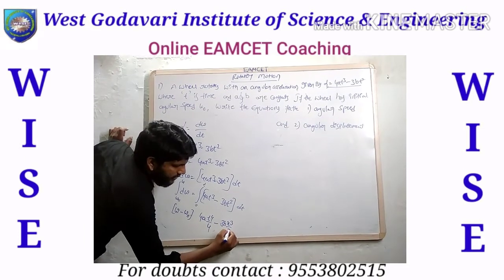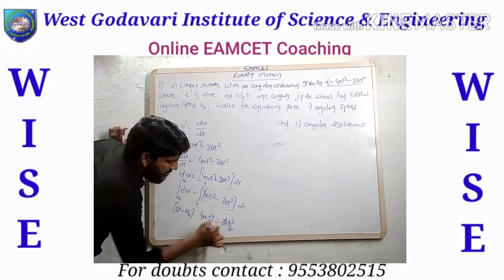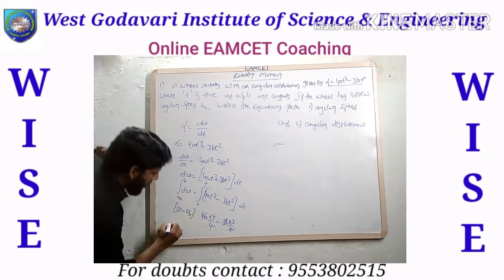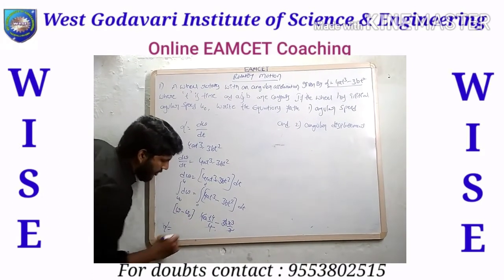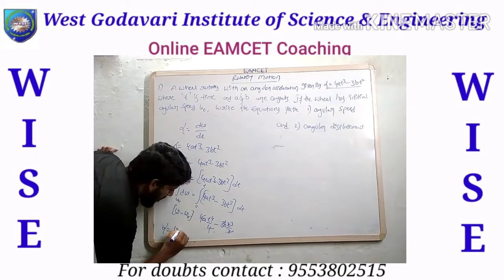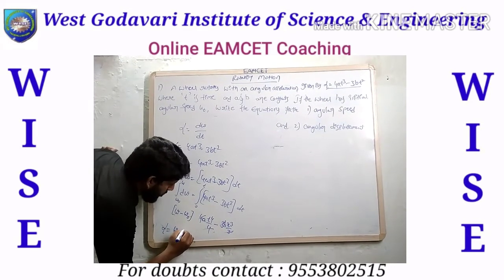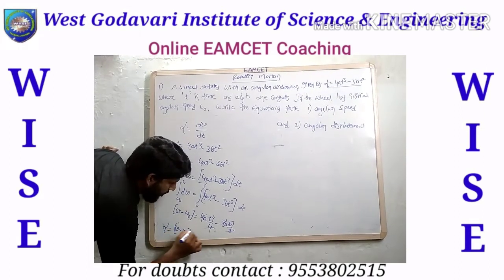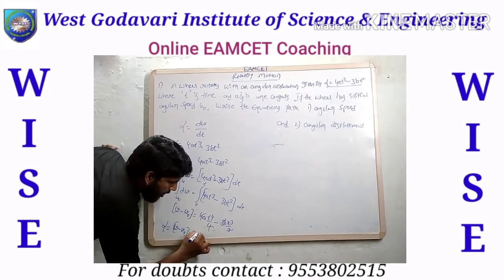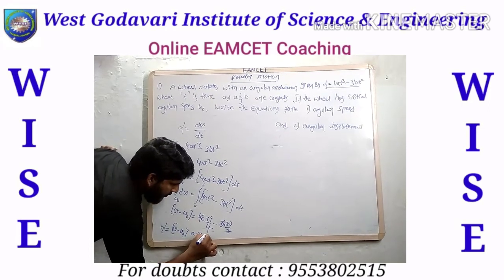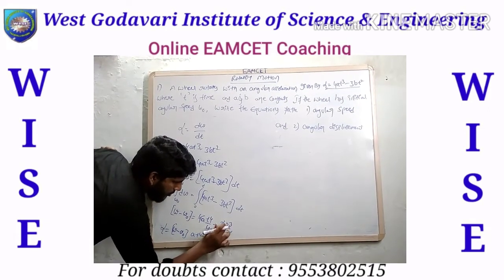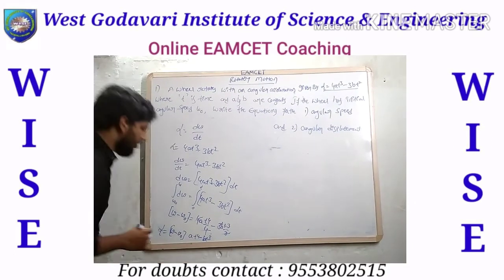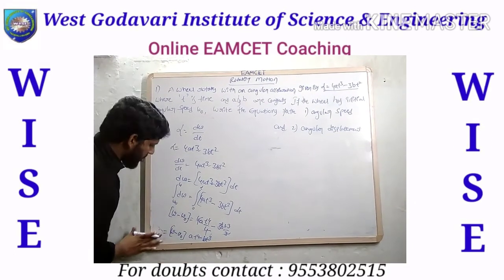Cancel the 3 and the 3, and the 4 and the 4, and we get omega minus omega naught equal to at power 4 minus bt cube. This is the equation, not angular acceleration.